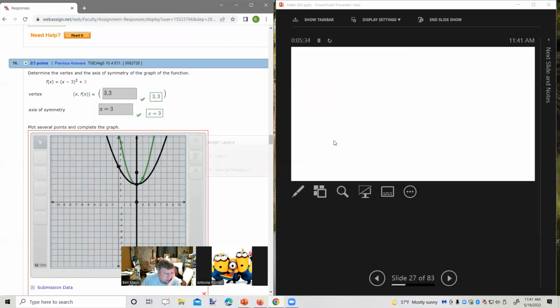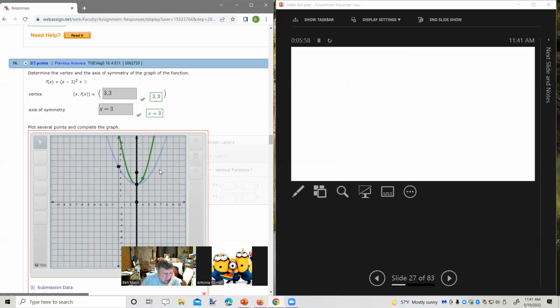Sure. Okay. So this one, you got the vertex and you got the axis of symmetry. So you started with the vertex correctly, but let's see, you got 0, 6 as your second point.